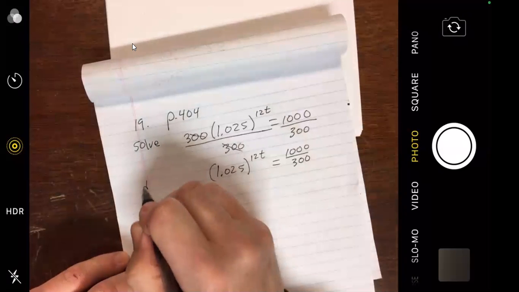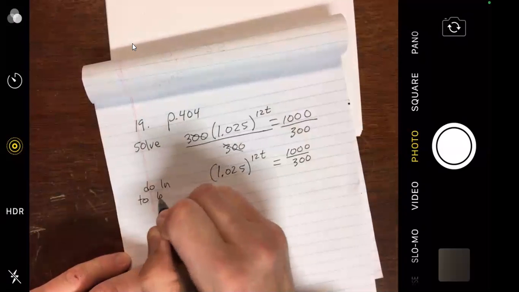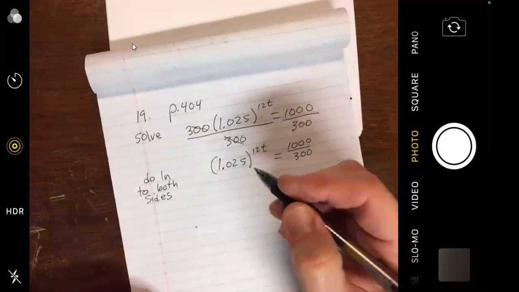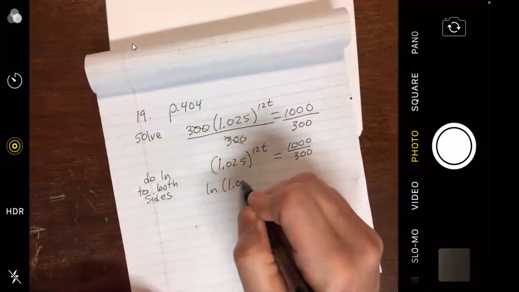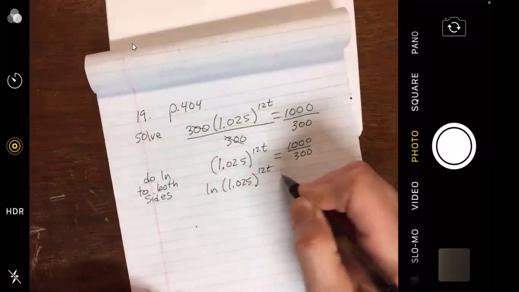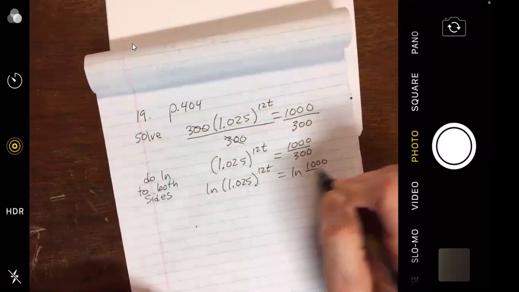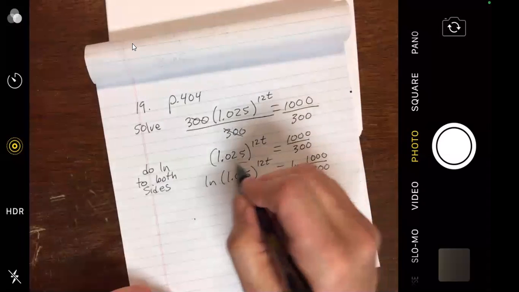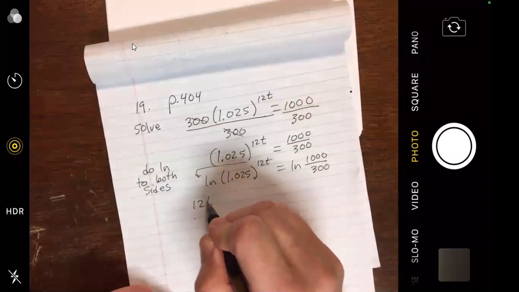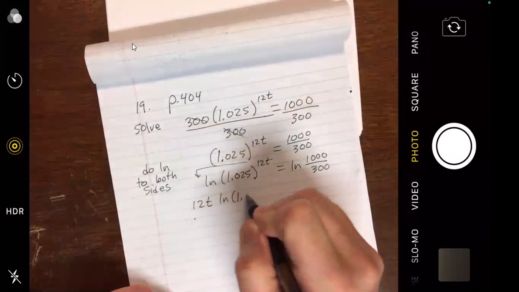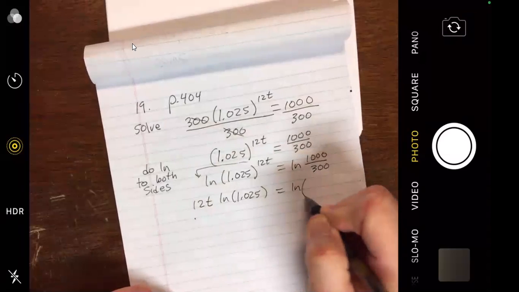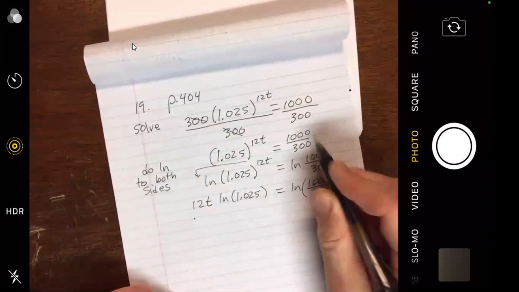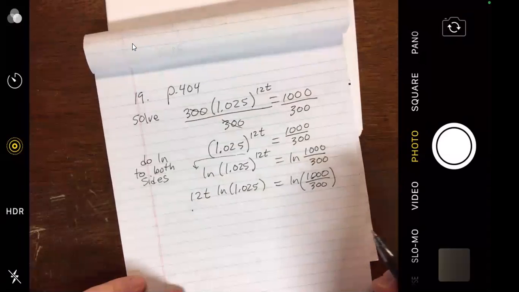But now I want to do ln to both sides. So ln of 1.025 raised to the 12t is then equal to ln of 1,000 over 300. 12t to the front. 12t ln of 1.025 is equal to ln, I'll put the 1,000 over 300 in parentheses because that means you are supposed to divide them before you do the ln, so they should be in parentheses.